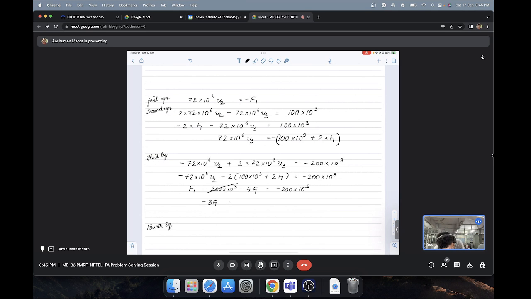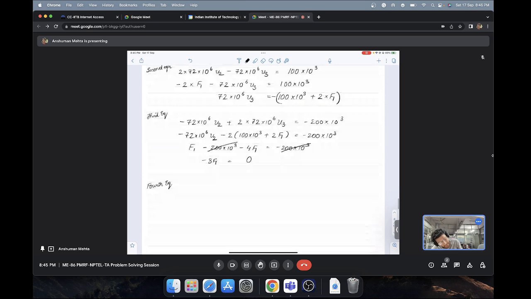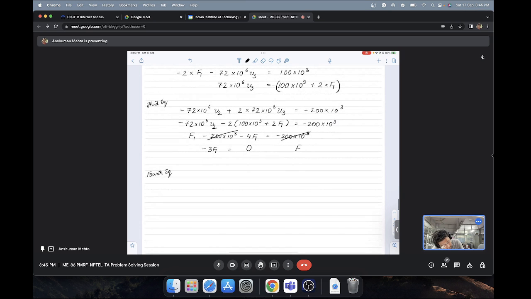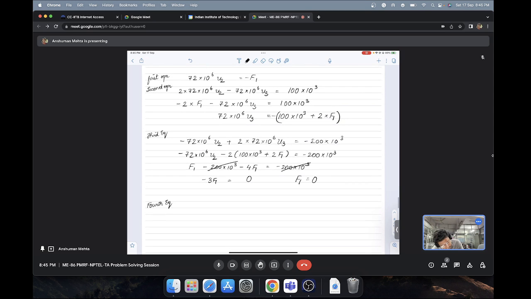So actually it's coming as 0. Kindly check. So f1 is 0. Wrong.